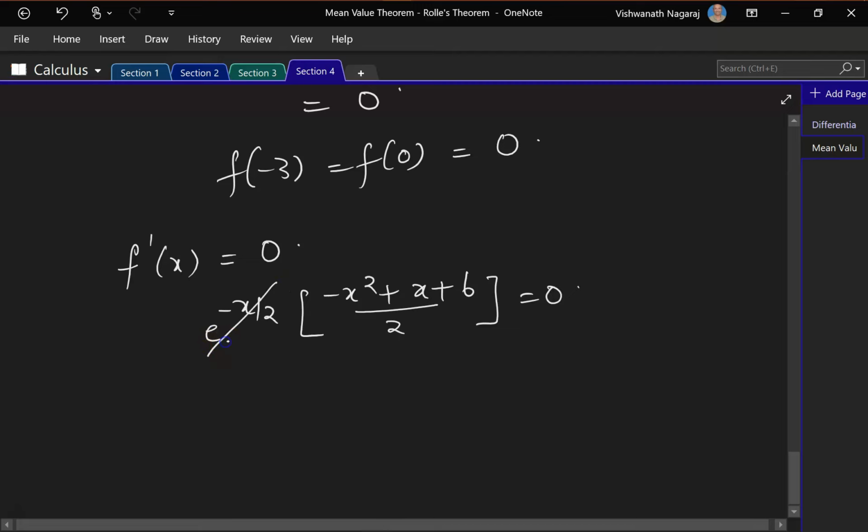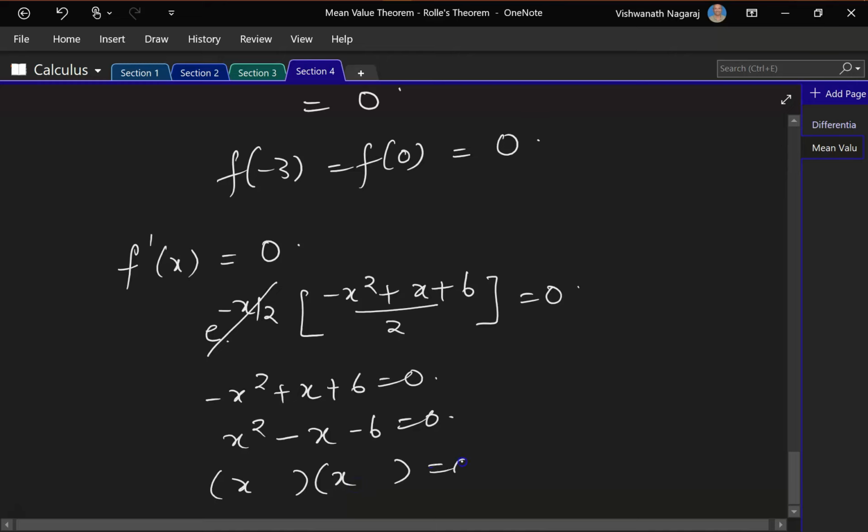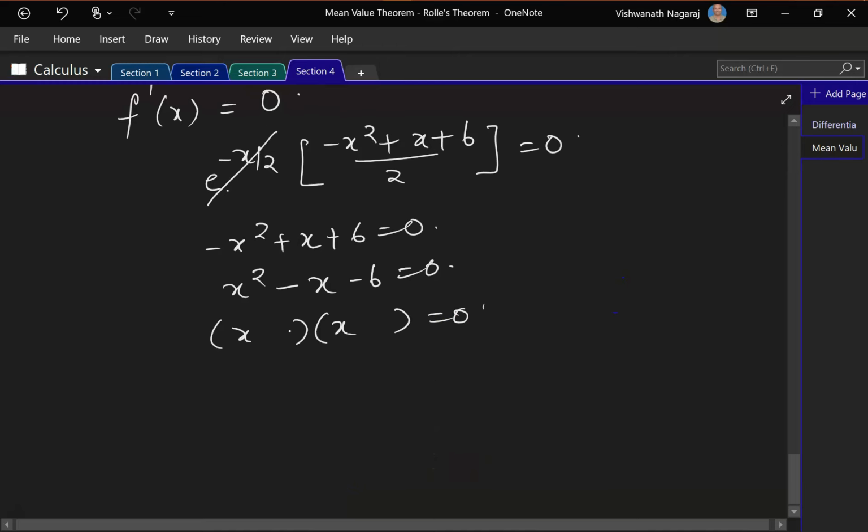So this also disappears when we take it to the other side. Now minus x square plus x plus 6 equal to 0. Or we can write it as x square minus x minus 6 equal to 0. Which is x is equal to 0. 3 times 2, yes.